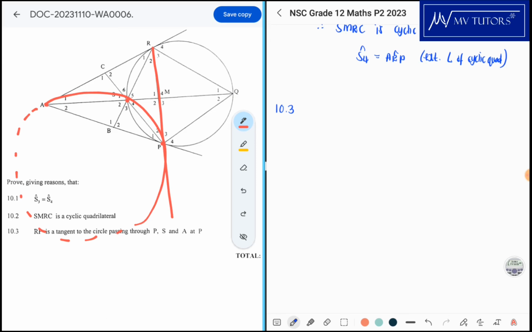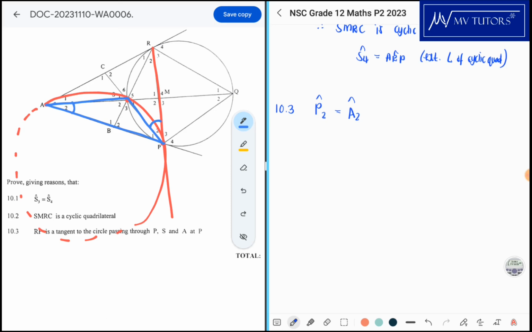Alright, and if I look at what we have inside, we have a triangle. So here it's giving me tan chord vibes. And the way of proving with this tan chord, I can say that I need to prove that P2 is equal to A2. So if I can just prove that P2 is equal to A2, then we are sorted.